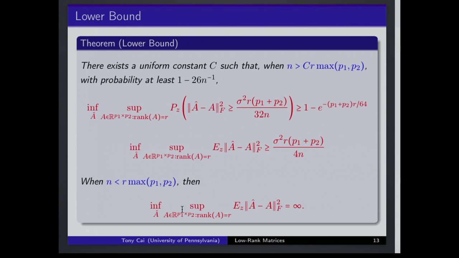If the number of samples n is less than this quantity, which is the same as here, then no method will work. And this lower bound is a very simple argument. You just count the number of free parameters in low rank matrices. For a rank R matrix, you do SVD, just count how many unconstrained entries.